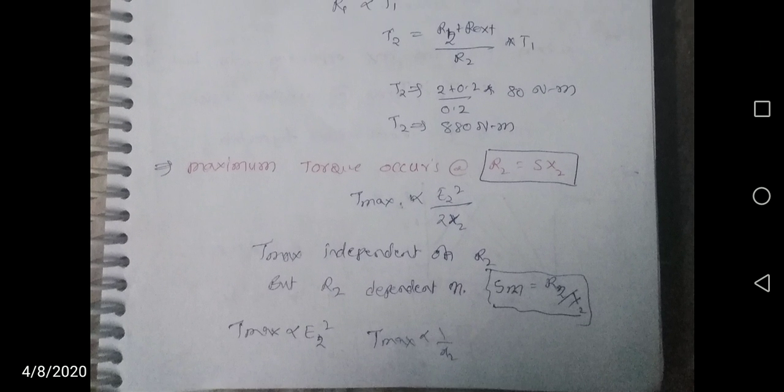Maximum torque occurs when R2 is equal to S X2. Maximum torque is directly proportional to E2 square and inversely proportional to X2, and it is independent of rotor resistance.